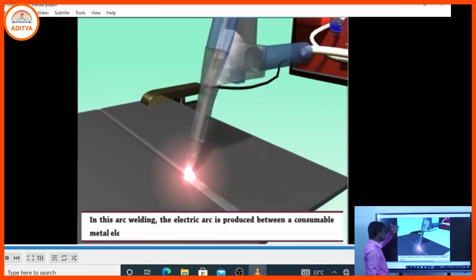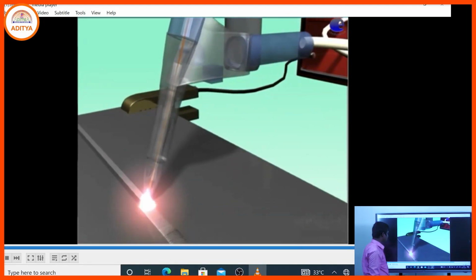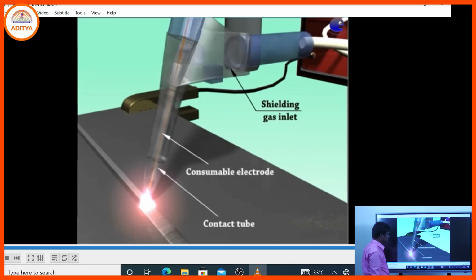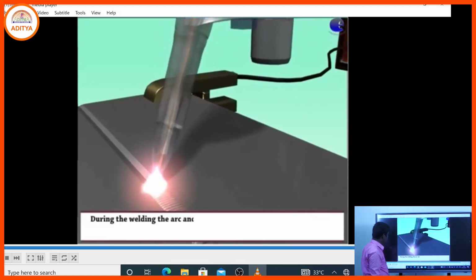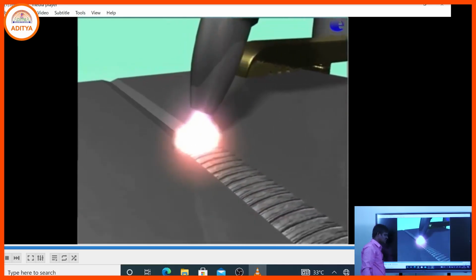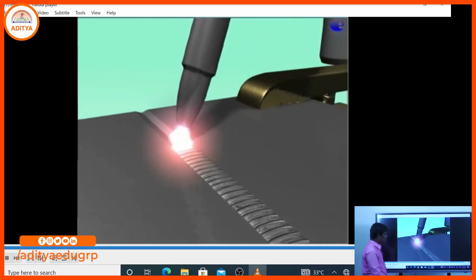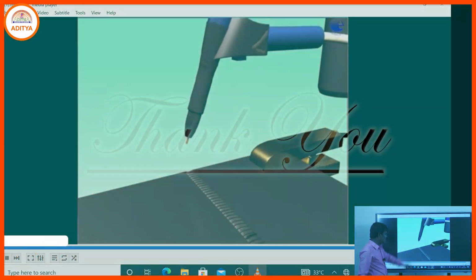Those are the consumable electrodes. Shielding gas, and in that way the welding operation is continuing. It also does not create any oxides in the welding zone.